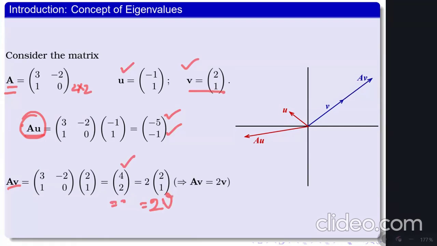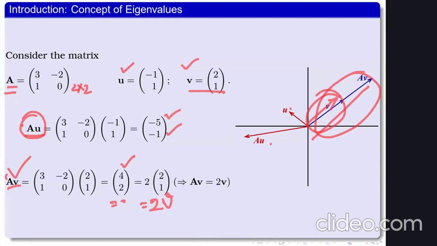If I interpret it geometrically, if this is the vector v, then Av is in this direction. That is, Av and v are in the same direction, whereas u and Au are in completely different directions.